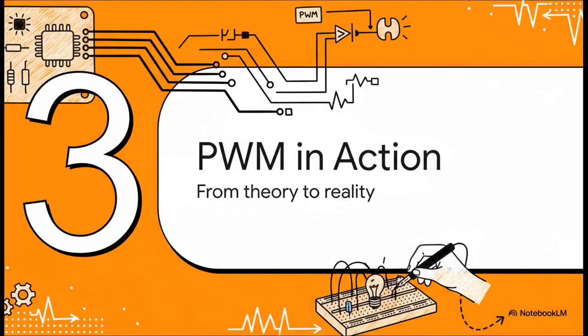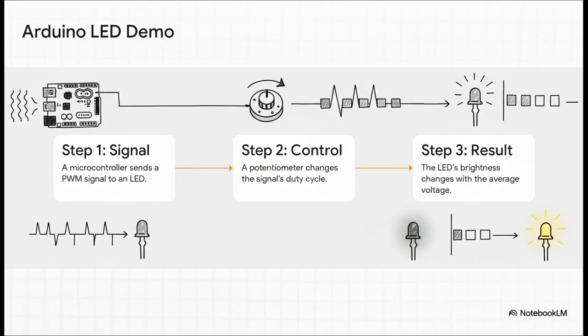Okay, so theory is one thing, but how does this actually look in the real world? Let's talk about how this all comes together in a simple, hands-on circuit. So in a classic little project, you might have a microcontroller, something like an Arduino, and it's the thing creating these super fast pulses. Then you hook up a knob, a potentiometer. But here's the cool part. When you turn that knob, you're not actually dimming the light directly. You're just telling the Arduino, hey, change the duty cycle, make the on pulses longer or make them shorter.